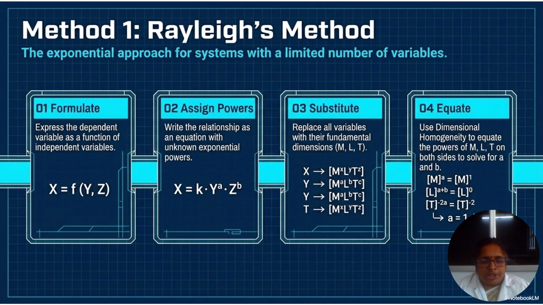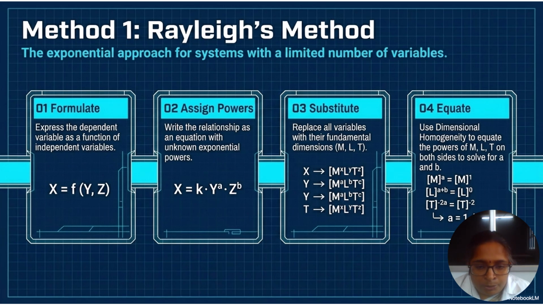The first method for dimensional analysis is Rayleigh's method, the exponential approach for systems with a limited number of variables. First, express the dependent variable as a function of independent variables, that is x equals f of y comma z. Next, assign powers to the variables, for example x equals k y power a z power b, writing the relationship as an equation with unknown exponents.